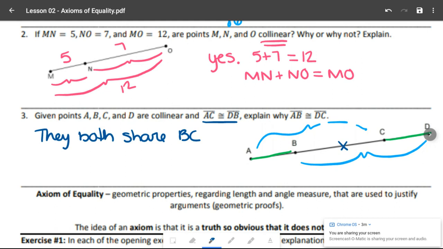Okay, this is BC here. If we remove BC from both sides, if we take that out, we're left with AB and CD. So if we're taking an equal portion from both pieces, the remaining pieces have to be equal.